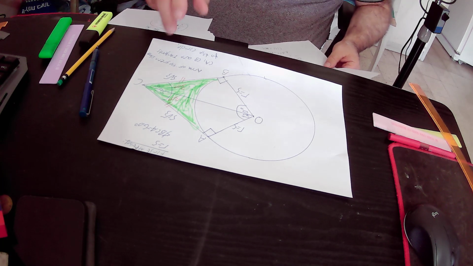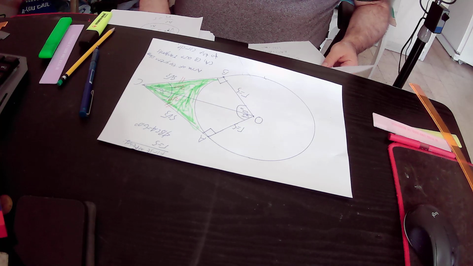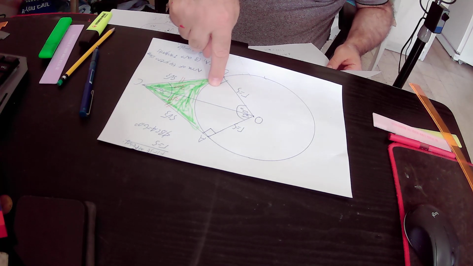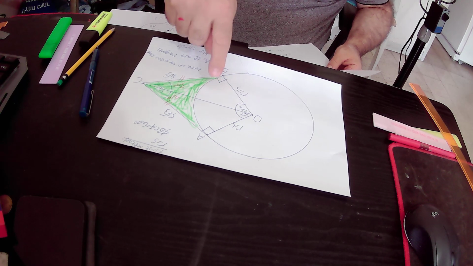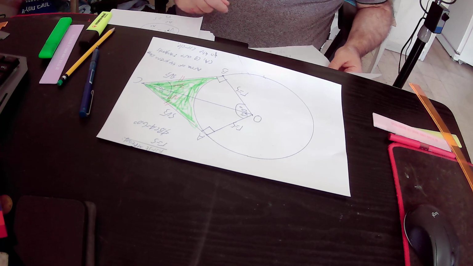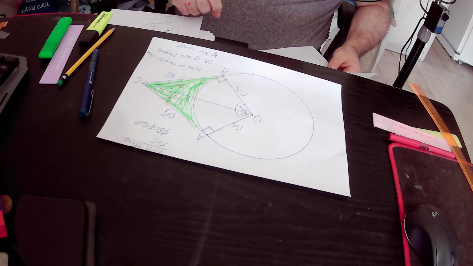Then we join together points C and O by a straight line, and we prove that triangle BOC is congruent to triangle AOC, because we know that AO equals BO, which is the radius of this circle.